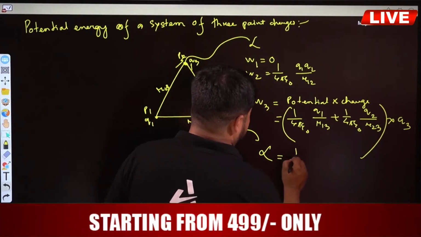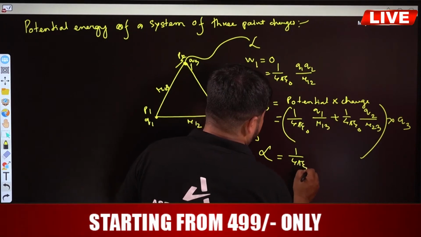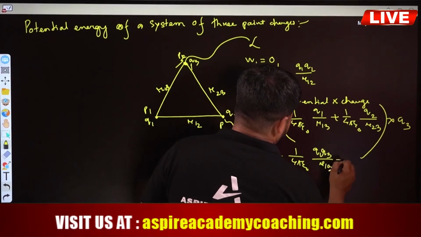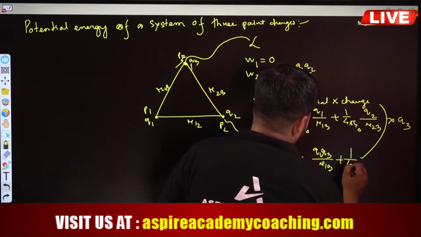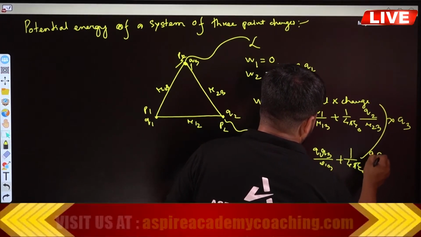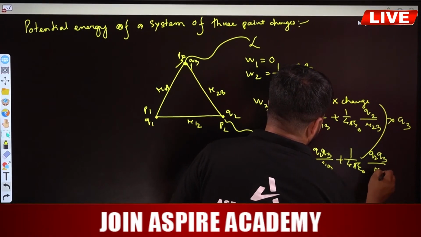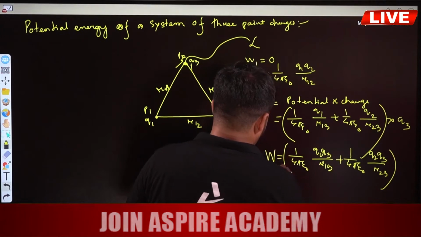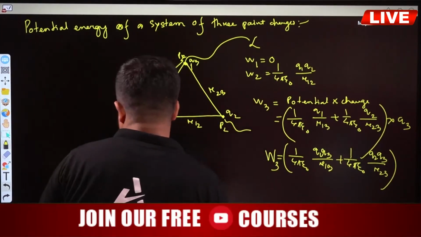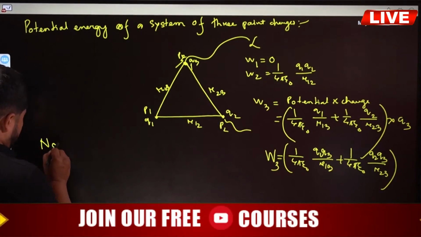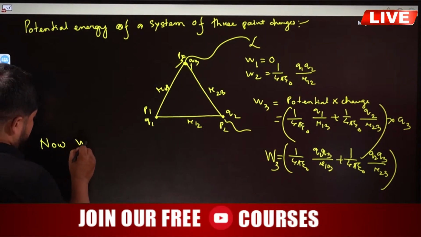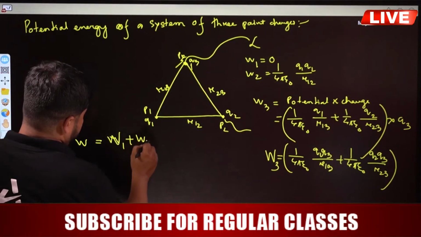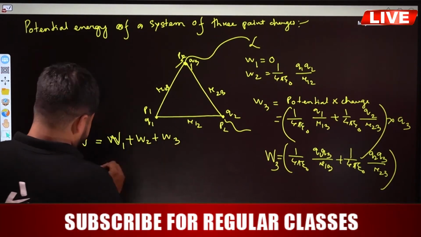After multiplication, we get 1 by 4 pi epsilon naught Q1 Q3 by R13 plus 1 by 4 pi epsilon naught Q2 Q3 by R23. So this much work done is W3. Now total work done W is equal to W1 plus W2 plus W3.